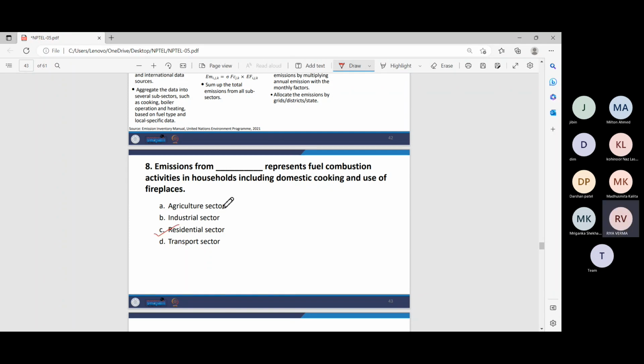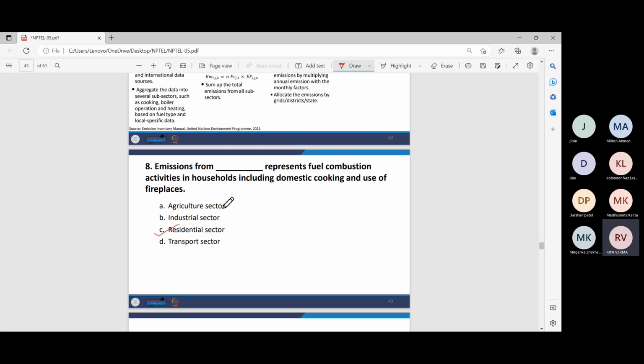Okay, is there anyone who can explain what kind of emissions we can expect from all these four sectors: your agricultural sector, industrial sector, then residential, and then transport? We have discussed so much till now, so I guess at least a slight idea of what kind of sources we are expecting from all these sectors.